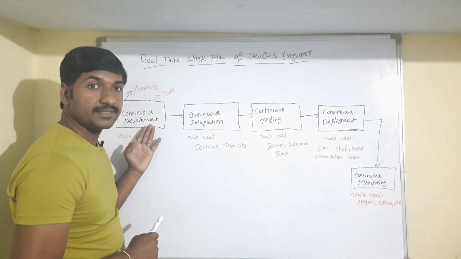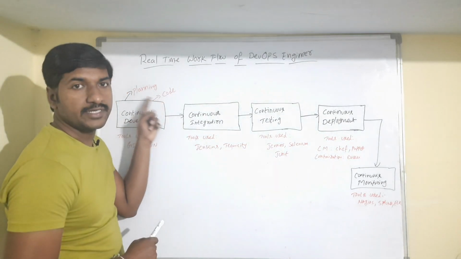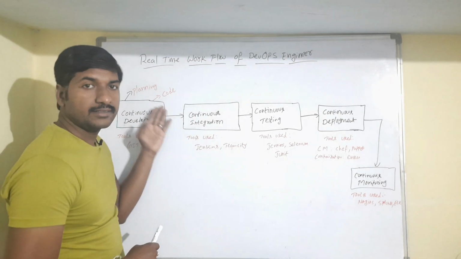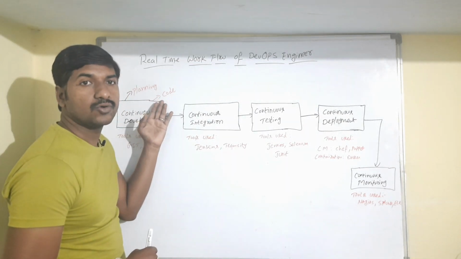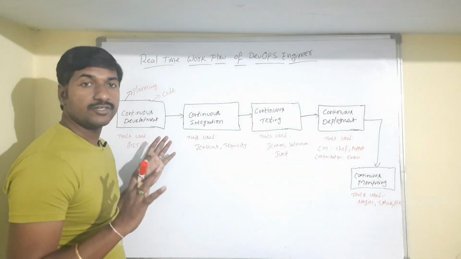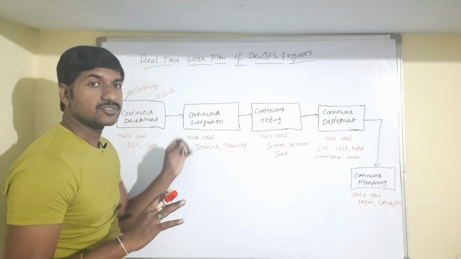So in this stage, there are two main things involved, planning and code. Here planning means the vision of the project, and the developers will begin the code of the application. Let's assume in the software company there are 5 developers working to develop the project on some modules.